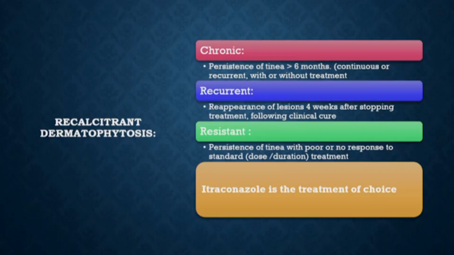Another type is recurrent dermatophytosis, which means reappearance of the lesions 4 weeks after stopping the treatment following clinical cure, whereas resistance means persistence of tinea with poor or no response to standard dose and duration of the treatment. In all 3 cases, itraconazole is the preferred treatment of choice as per the national guideline of India and Sri Lanka.